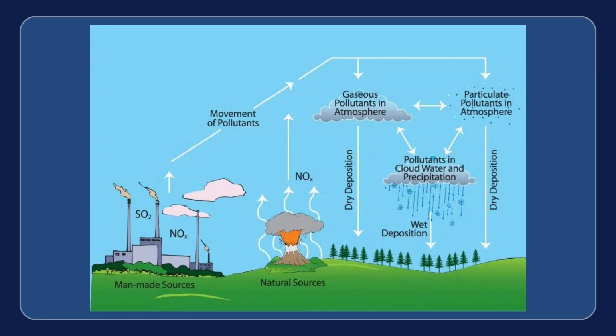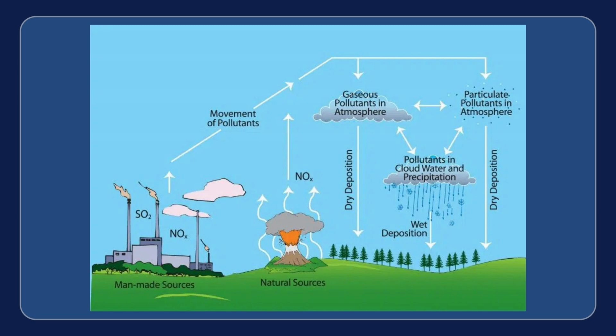So, kapag like uulan na, ito yung wet deposition natin. Ito yung usually na tinatawag natin as acid rain. Yung pollutants na nagmix sa water, sa ulap, dito na nagfo-fall yung as acidic rain o snow or fog.